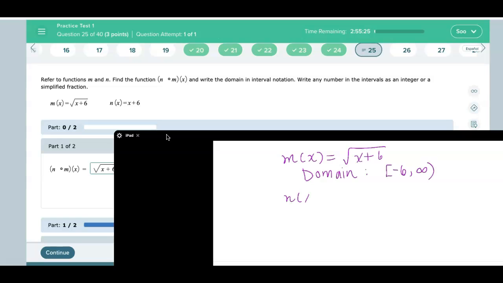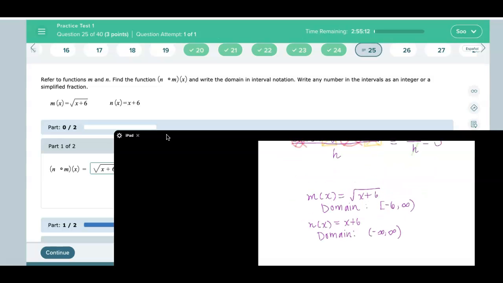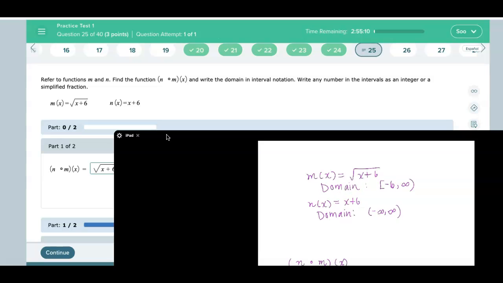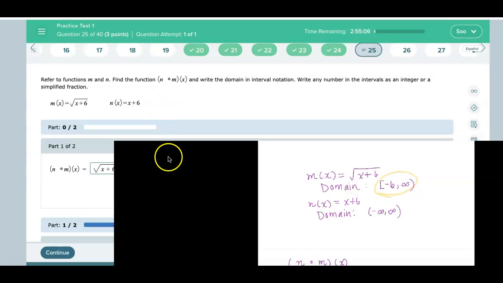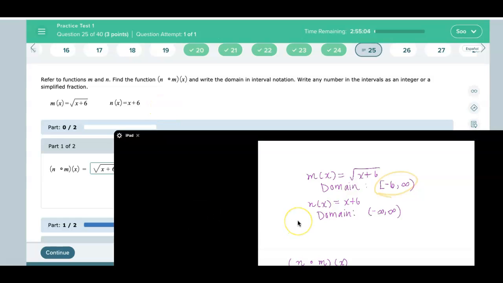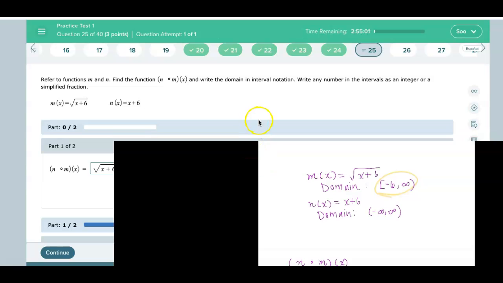And if you look at n of x, which is a linear function, well, the domain for this one is negative infinity to positive infinity. So there's no restriction on the linear function. So what we're going to say is the domain of the composition of functions is going to be negative 6 to positive infinity. So let me go ahead and type that in.